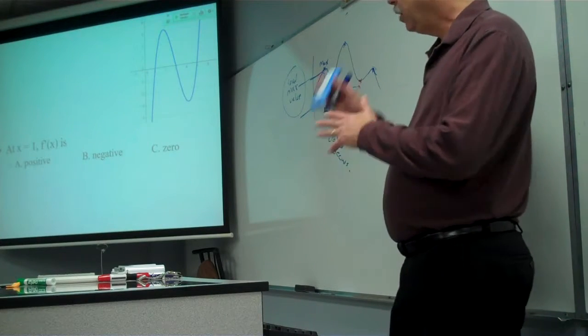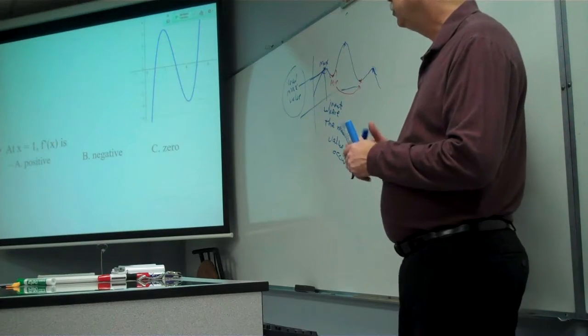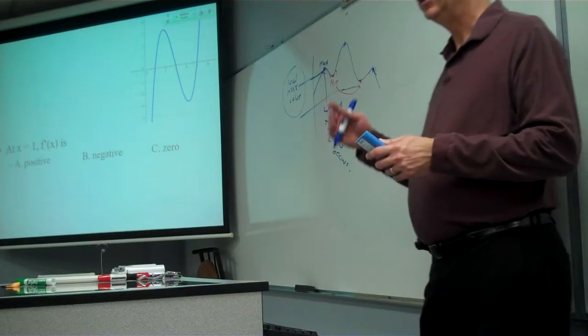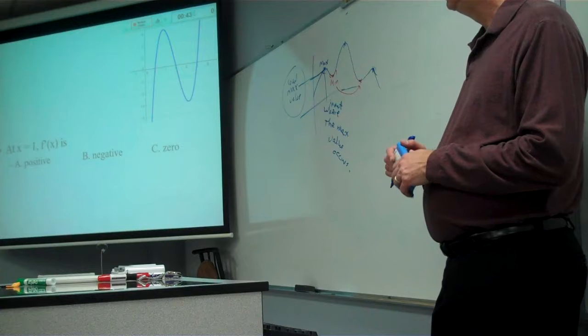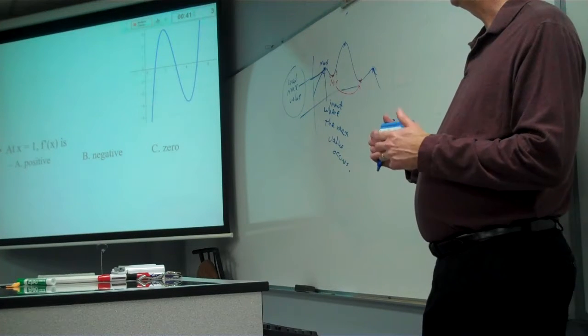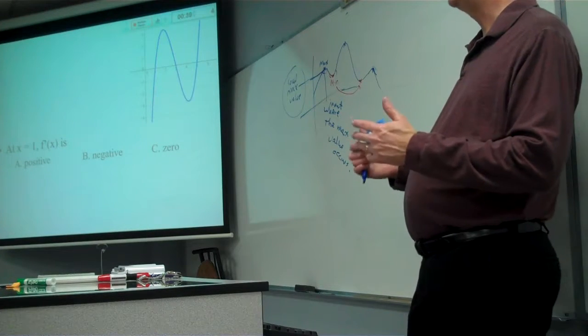There's another thing, and we've done this before, but let's just think a little bit. At 1, is our derivative here positive, negative, or 0? And remember, one of our interpretations of the derivative is the slope of the tangent line.